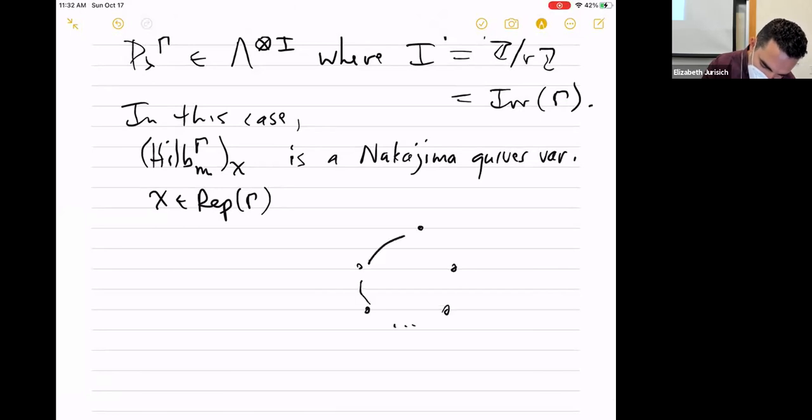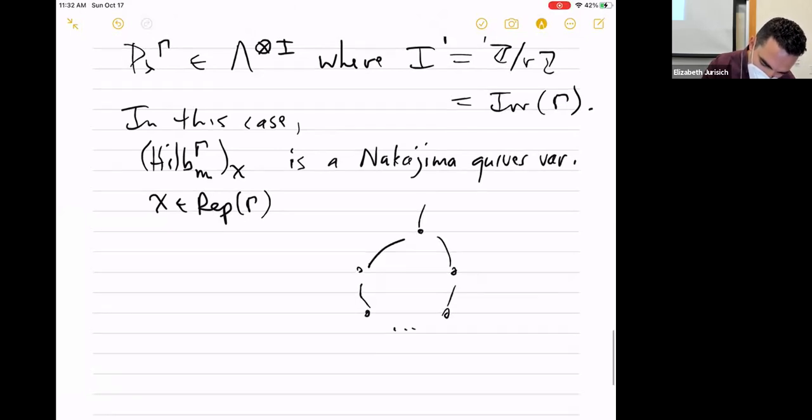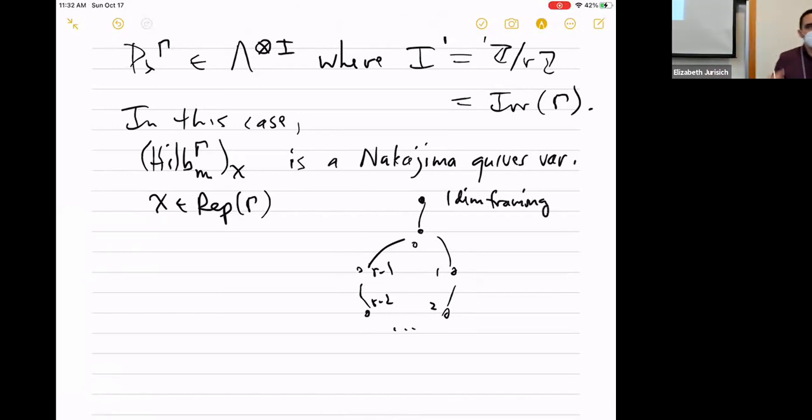So you have the cyclic quiver, and so let's say 0, 1, r minus 1, 2, r minus 2. So this is my cyclic quiver of any size, and I have a one-dimensional framing space at vertex 0. So if you know about Nakajima quiver varieties, that's how these are realized.